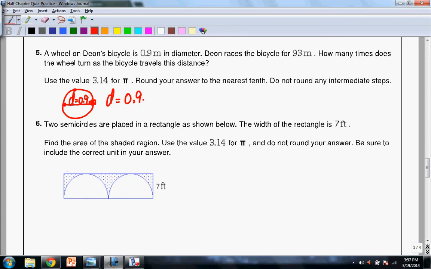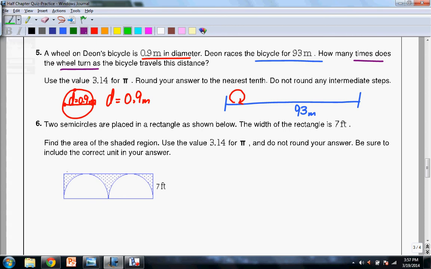Dion races the bicycle for 93 meters. So there's the bicycle, and it's going to be turning. And it says, how many times does the wheel turn to travel that distance?